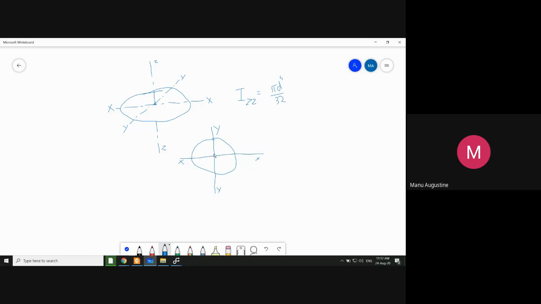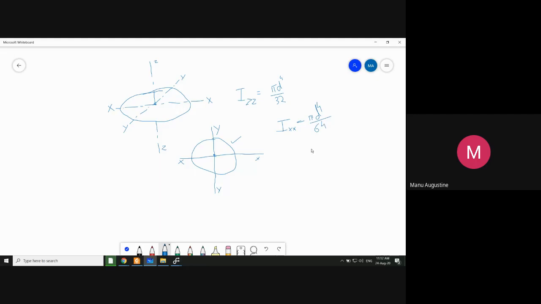And since both axis yy and axis xx are centroidal axes lying on the circle itself, I can say that Ixx must be equal to pi d raised to power 4 by 64.